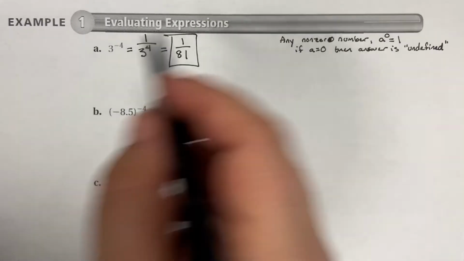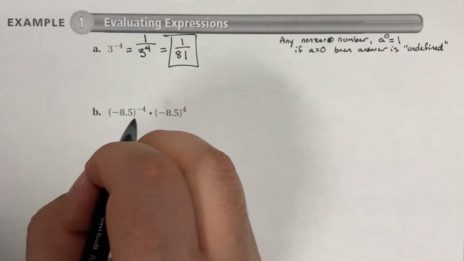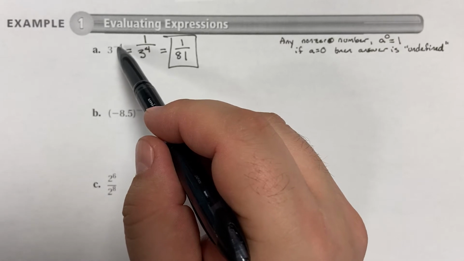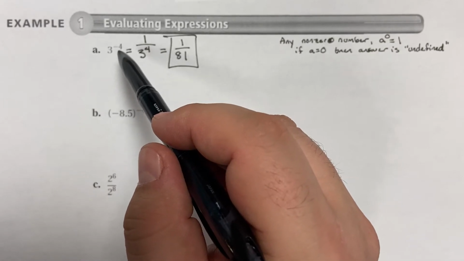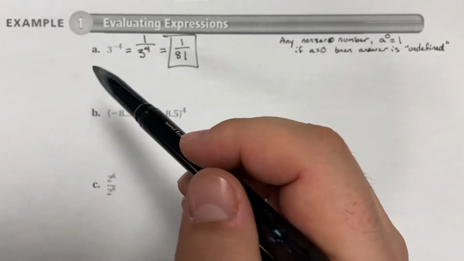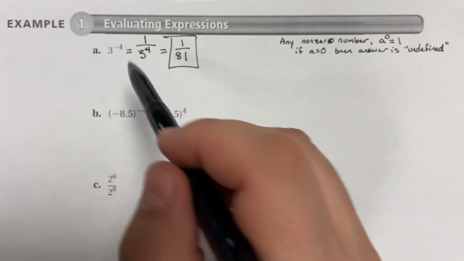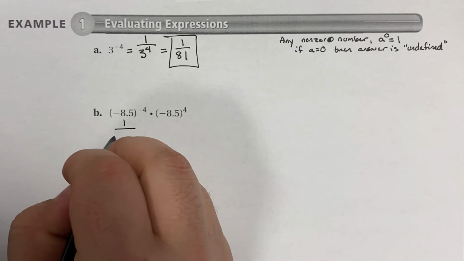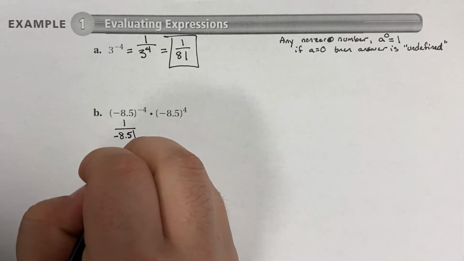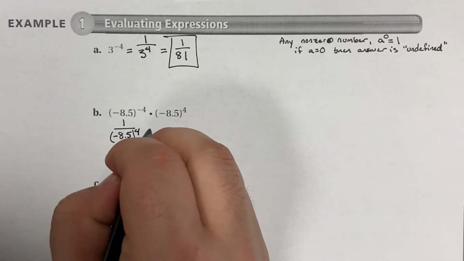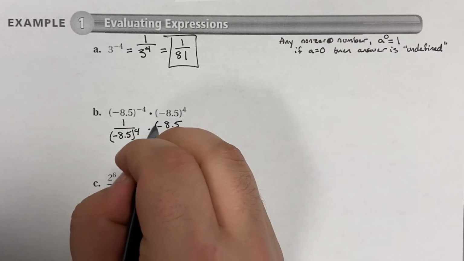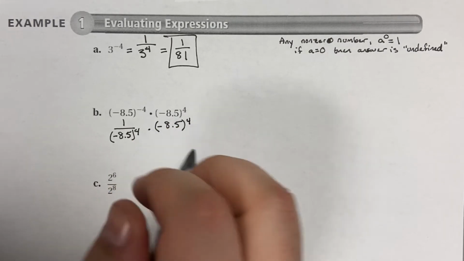What happens if we have an operation? Remember, it's a question of when we want to apply the negative exponent. If we wanted to, we could rewrite this as 1 over negative 8.5 to the 4th, times negative 8.5 to the 4th.